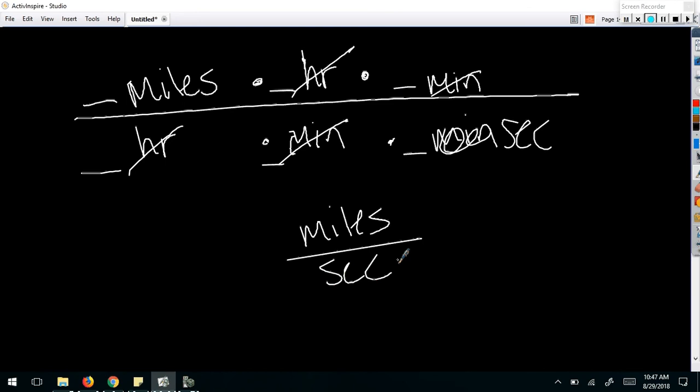So we're going to go through an example where we convert from miles per hour to feet per second. So watch what happens.